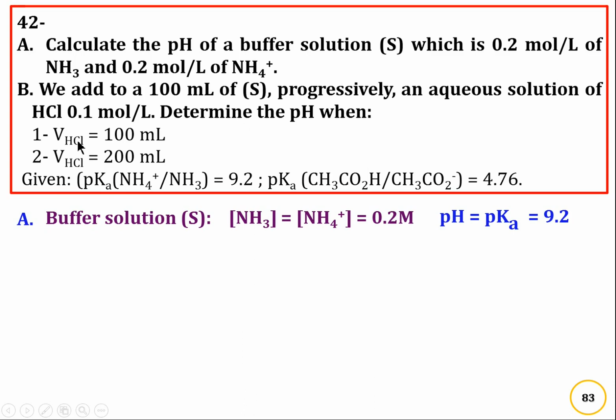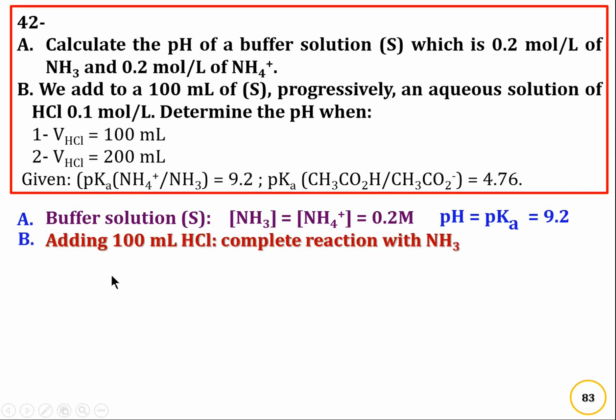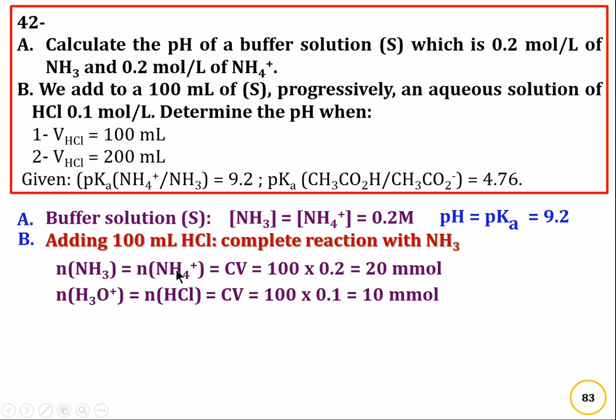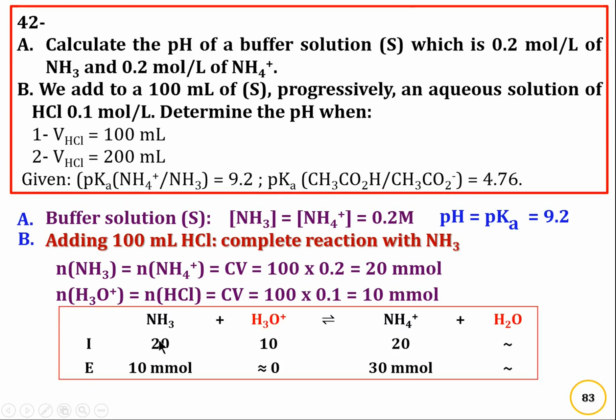When we add HCl to a buffer solution, the acid will react with the base. So we have a complete reaction with NH3. The initial number of moles of NH3 equals 20 millimole, that of H3O plus added equals 10 millimole. We write the reaction and the table of conversion.